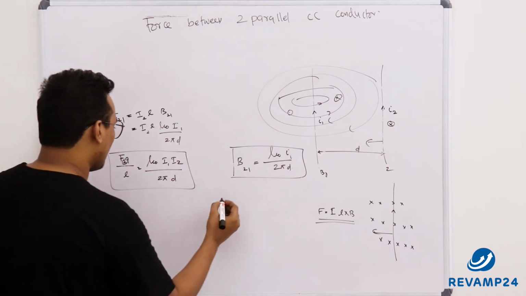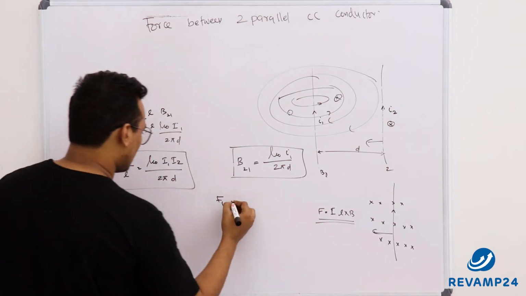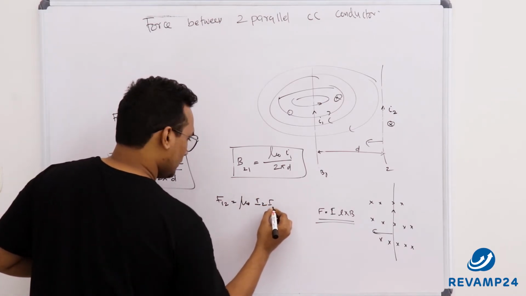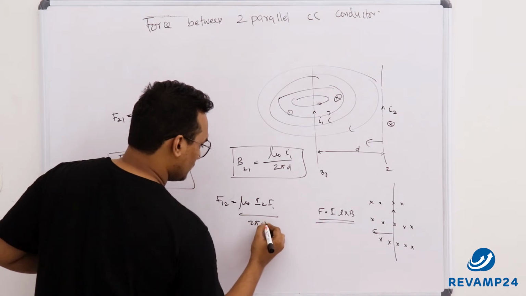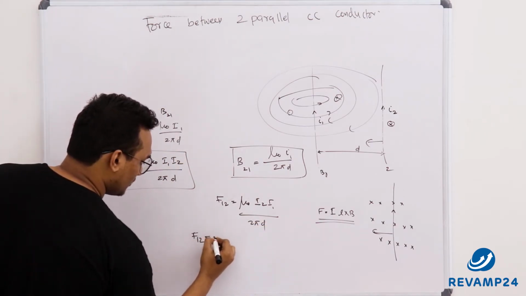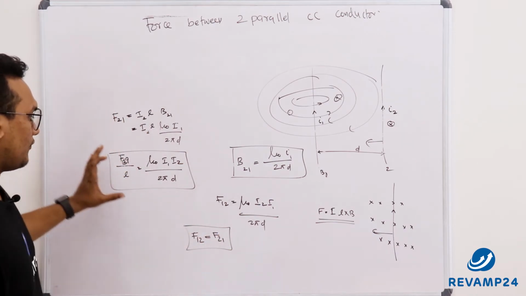Similarly, if you are finding the value of F12, I1 and I2 will just be interchanged, so the equation will still be the same, mu 0 into I2 I1 divided by 2 pi d. So I can say that F12 is equal to F21. You can check it from your end.